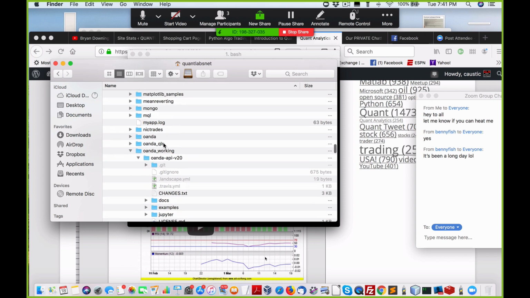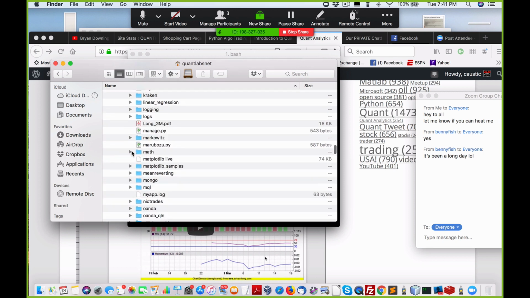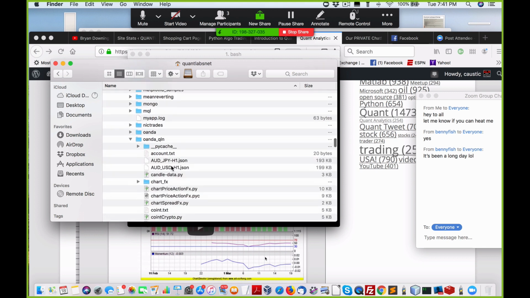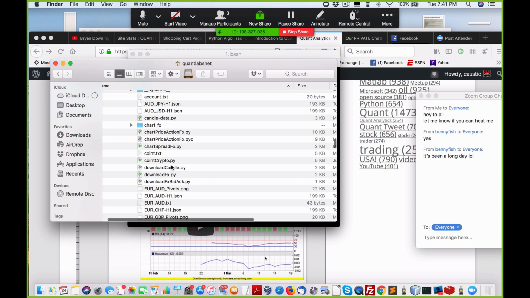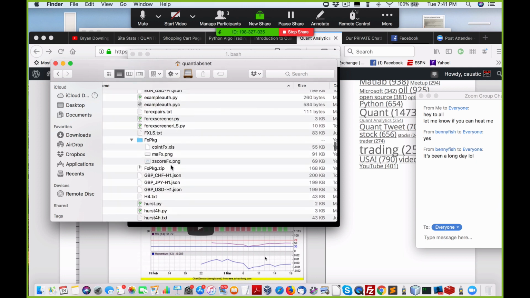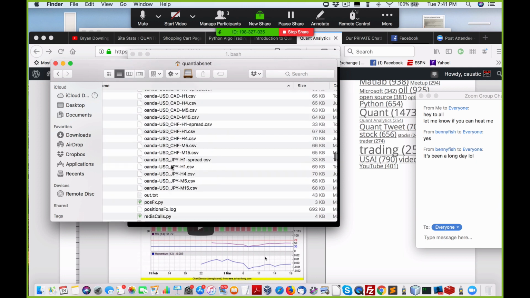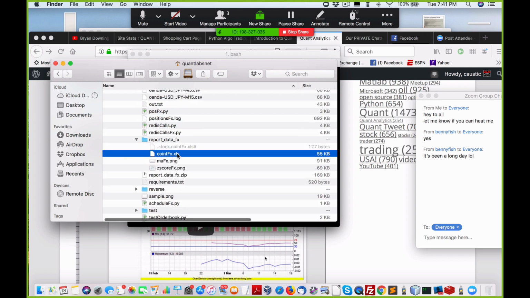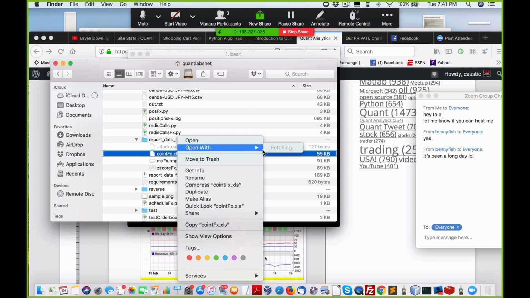This looks like it's holding for a couple of weeks, so I'll show you that right now. I'll show you the co-integration as well as an example. So again, this will generate a spreadsheet file.